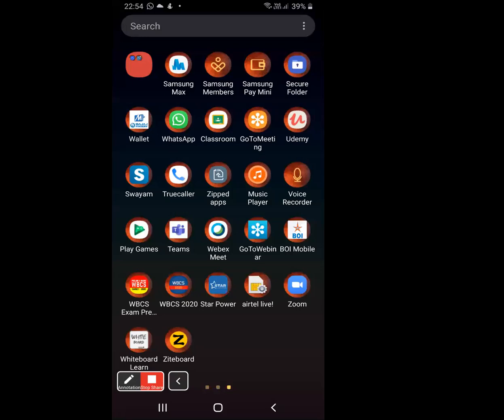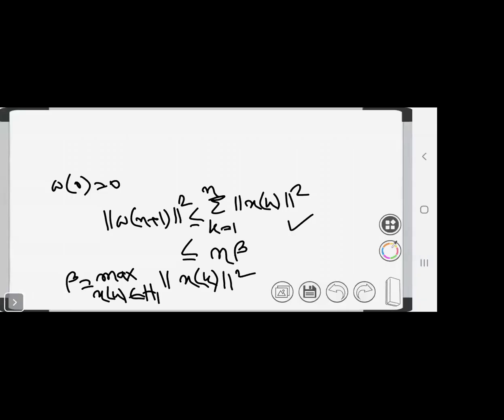And that n max is the solution of the equation of the given form, that is n max square alpha square divided by mod of w naught square is equal to n max beta.